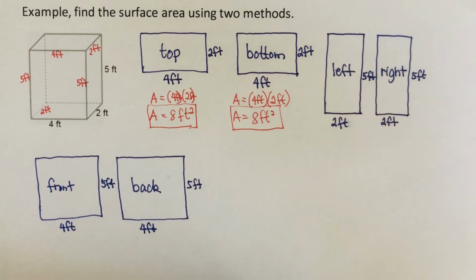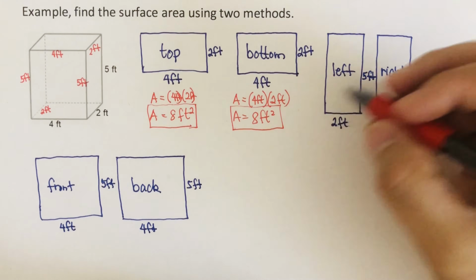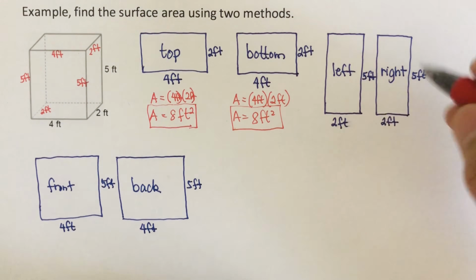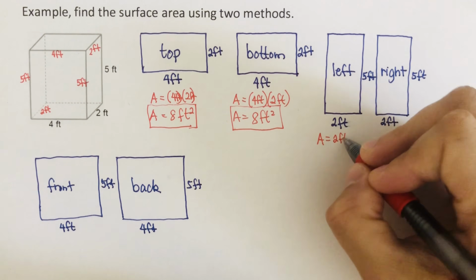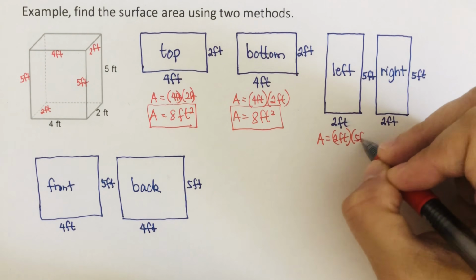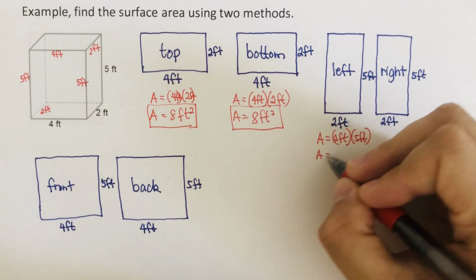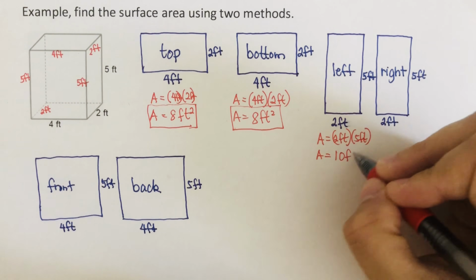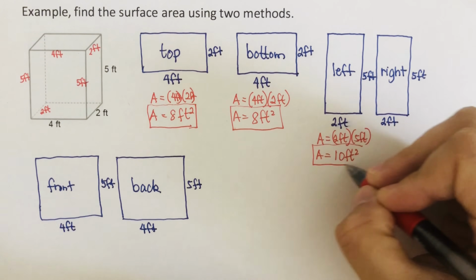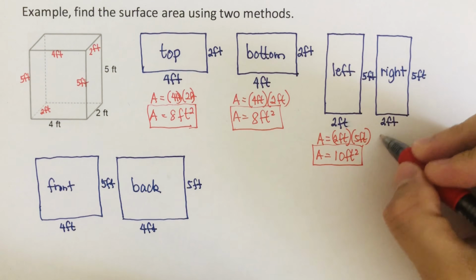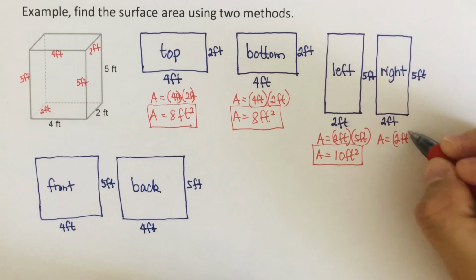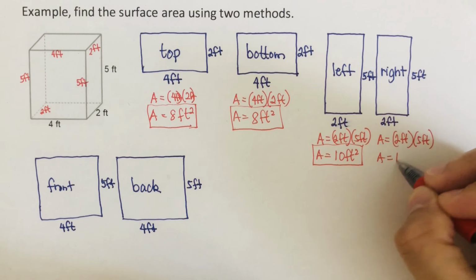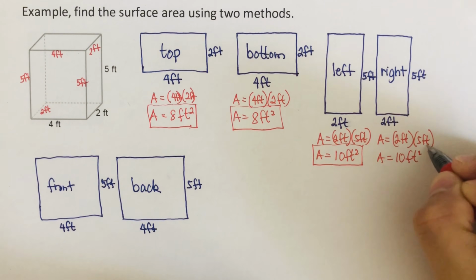And then for the left, exactly the same for both of these. So area is equal to 2 feet times 5 feet, and this would come out to be 10 feet squared. And this one right here is the same thing: area is 2 feet times 5 feet, so that is 10 feet squared.